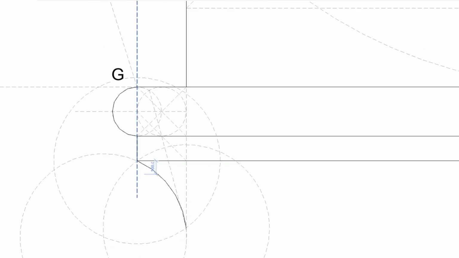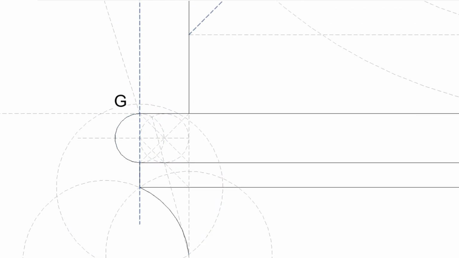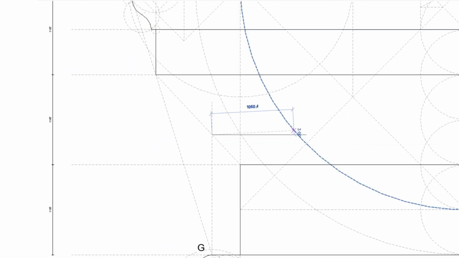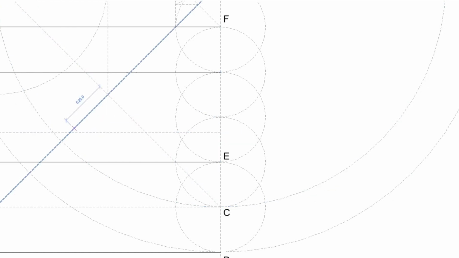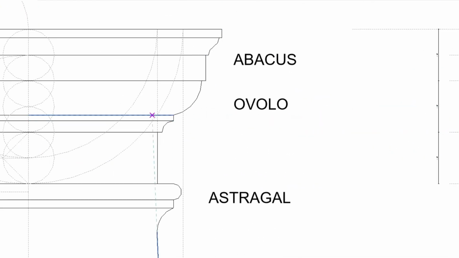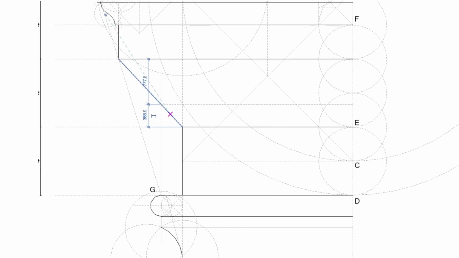Have a look at the radius of this curvature that we drew previously, and you draw a vertical line from that radius, and where it hits that diagonal, I believe is where we need it. Yeah, that's right.